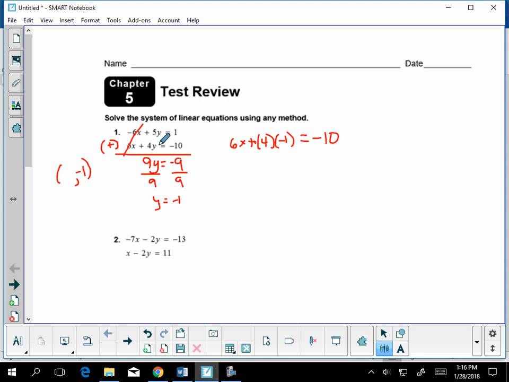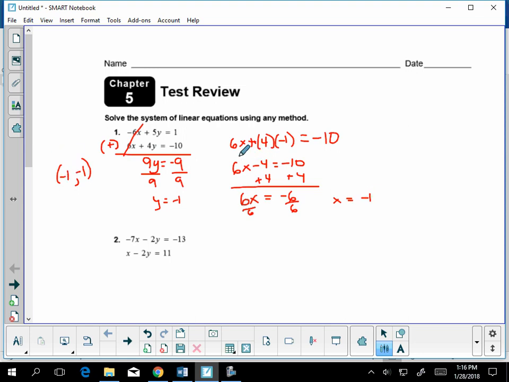All I did was I took out the y and put in negative 1. 6x minus 4 equals negative 10. Add 4 to both sides, and you get 6x equals negative 6. Divide by 6. x is going to be negative 1.